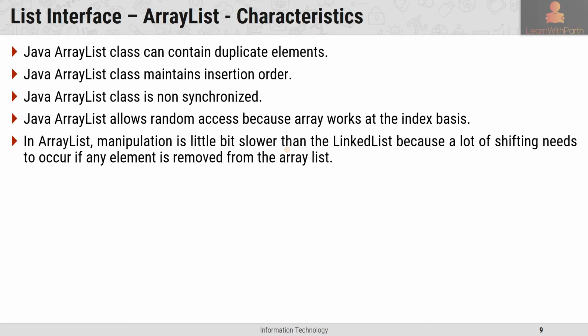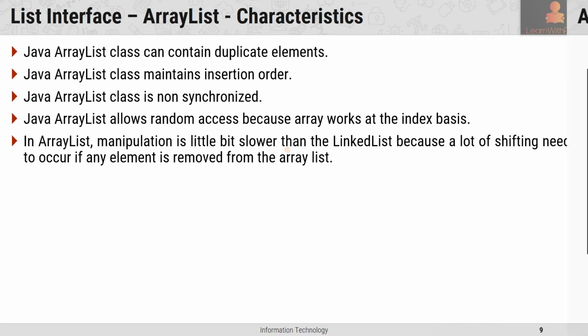If you add an element, its size would be increased. If you remove an element, its size would be decreased. That is possible with the ArrayList, but not with the array. As the ArrayList uses the array behind the scenes, it is required to remove and create a new array every time, and that's why the manipulation is always slower compared to the LinkedList.